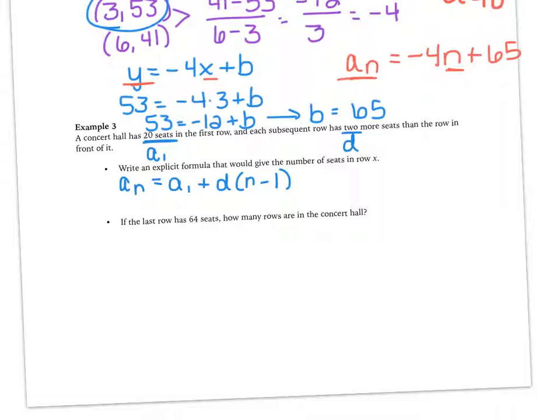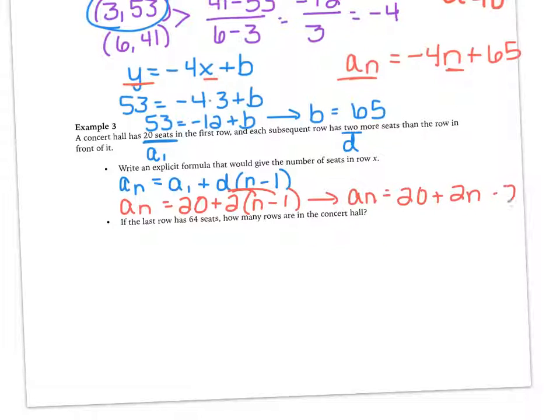And so our explicit formula would look like this: A sub n equals A sub 1, which is 20, plus 2 times parentheses n minus 1. I'm going to distribute this 2. So I get A sub n equals 20 plus 2n minus 2.